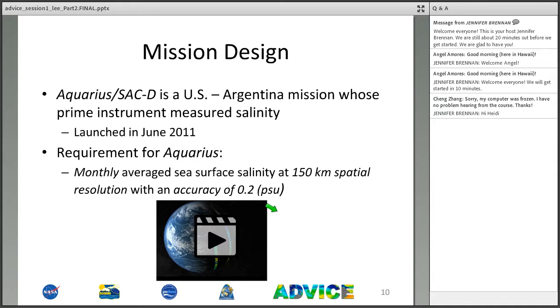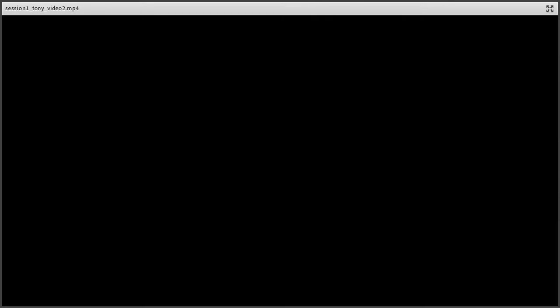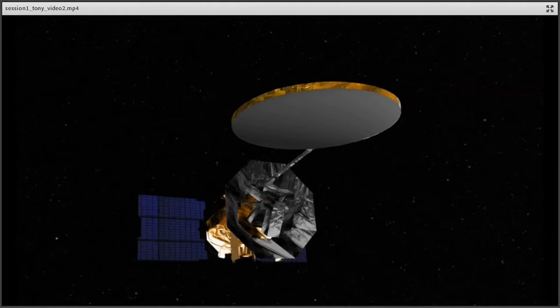That target accuracy also applies for the monthly averages. So now here the animation shows the sampling characteristics of the Aquarius satellite.